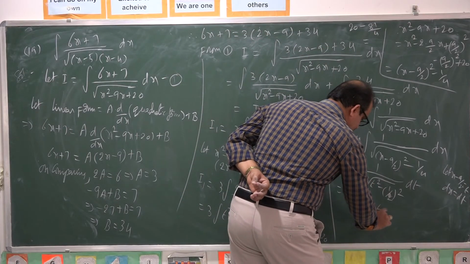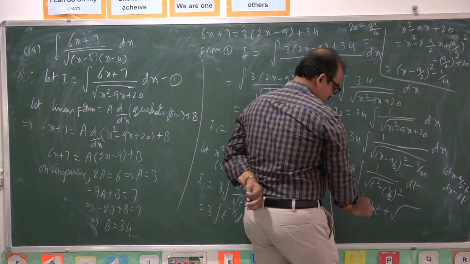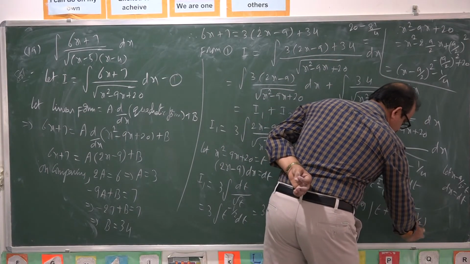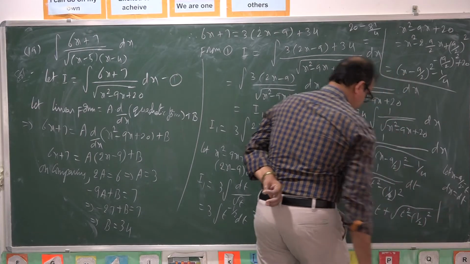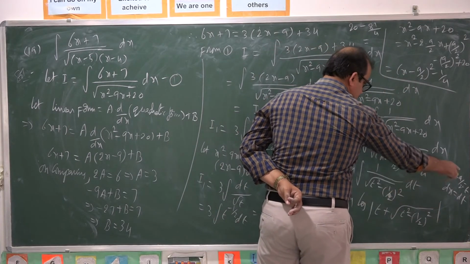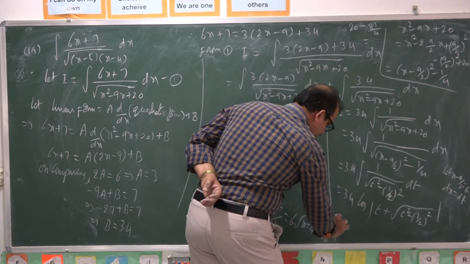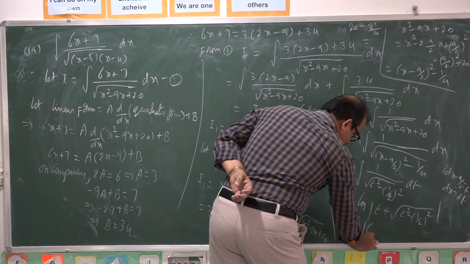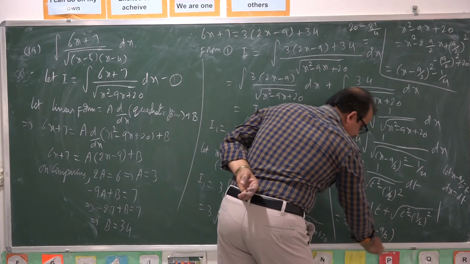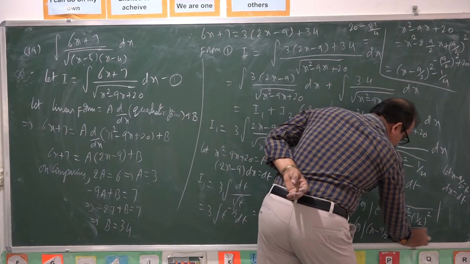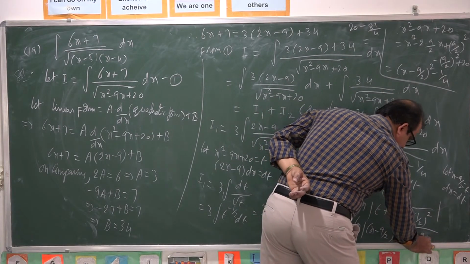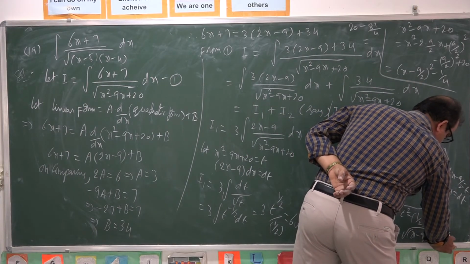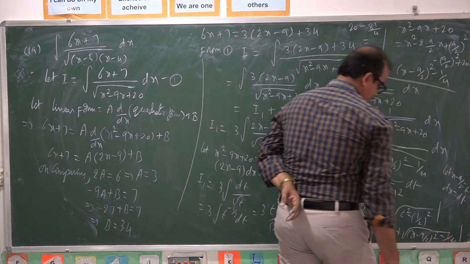X means t, so t plus root of t square minus 1 by 2 whole square. But what is t? x minus 9 by 2. You substitute the t value: 34 into log mod x minus 9 by 2 plus root of x minus 9 by 2 whole square minus 1 by 4.